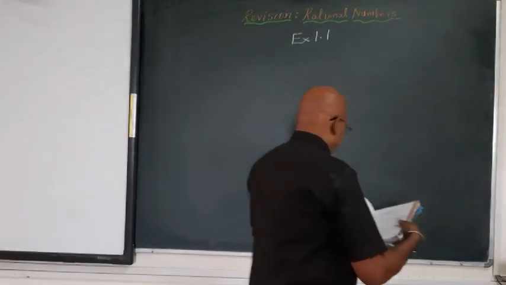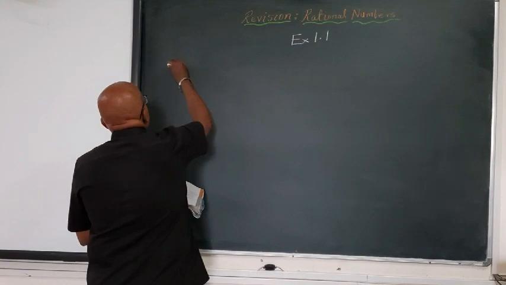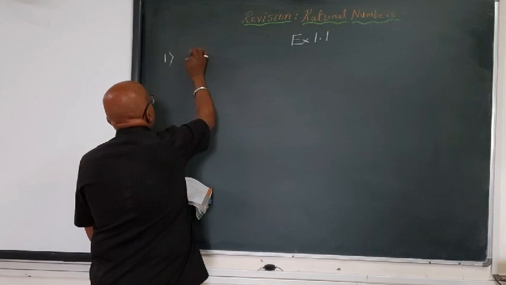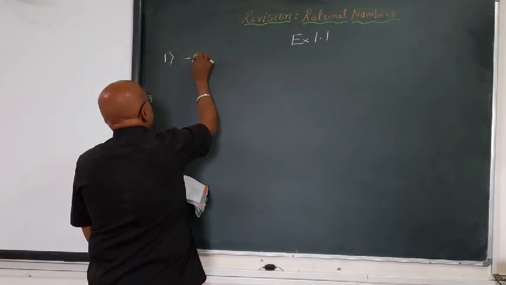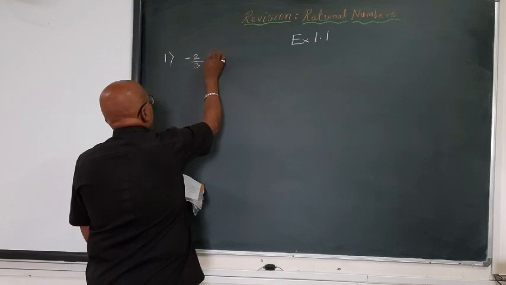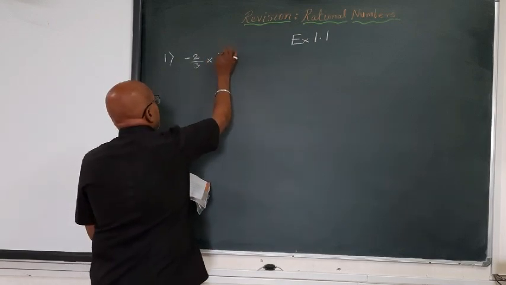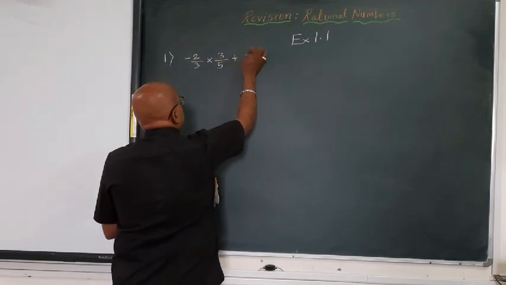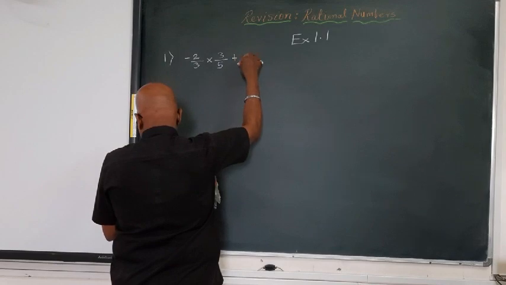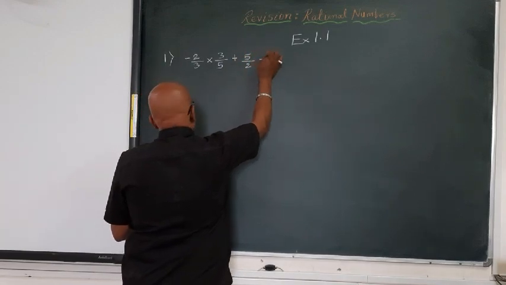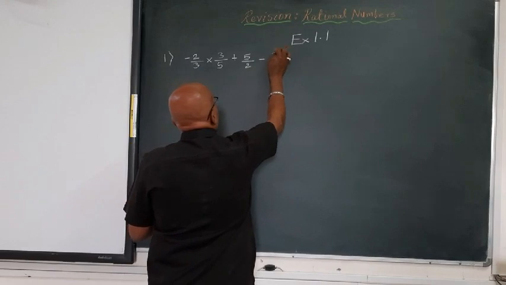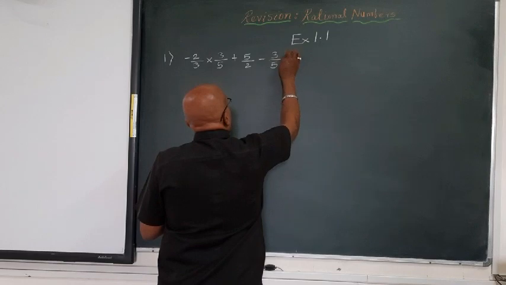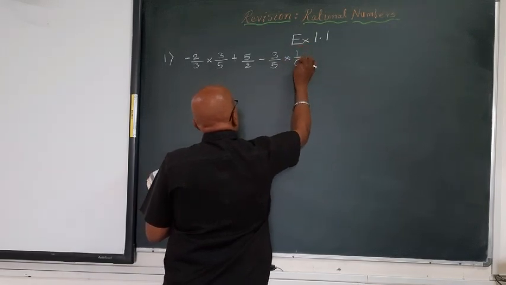Now here the first one is -2 upon 3 multiplied by 3 upon 5, plus 5 upon 2, minus 3 upon 5 multiplied by 1 upon 6.